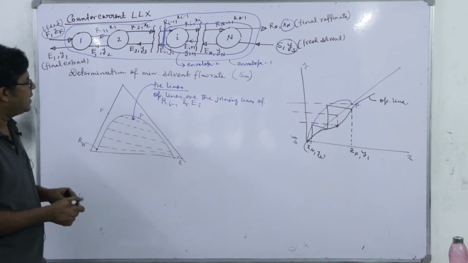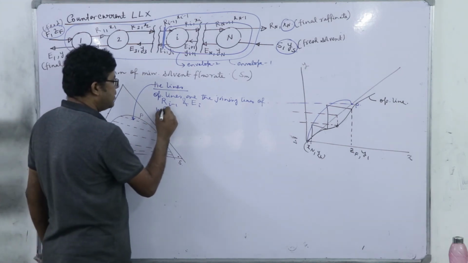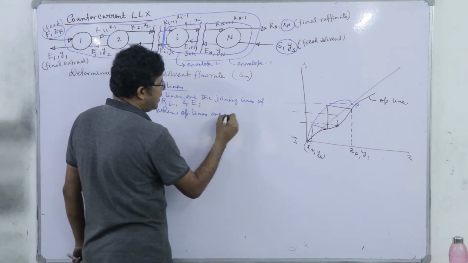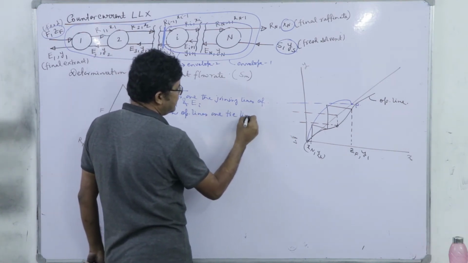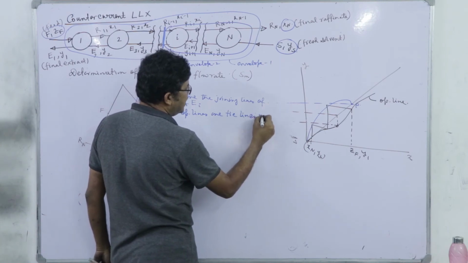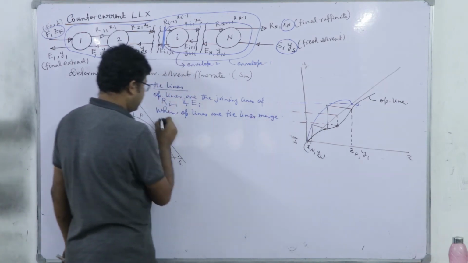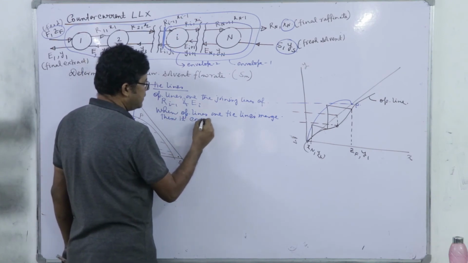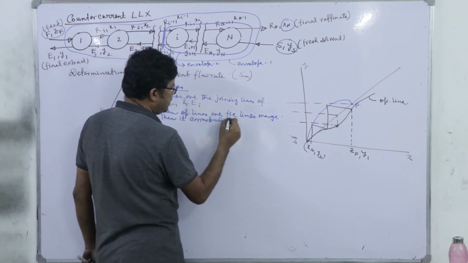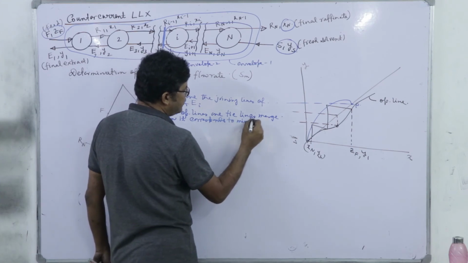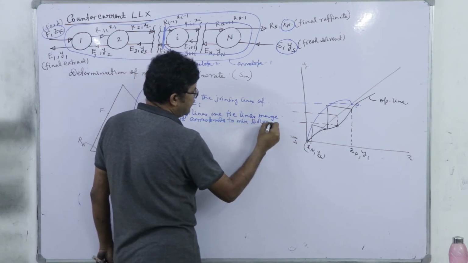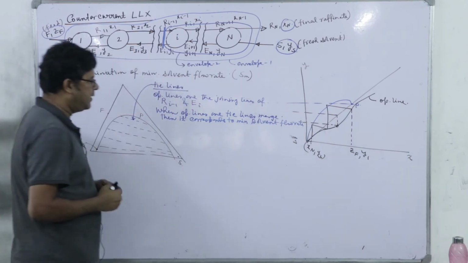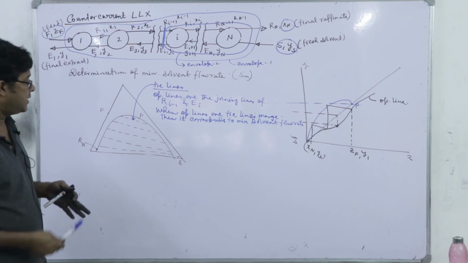Now, when operating lines and tie lines merge, then it corresponds to the minimum solvent flow rate, which is alternatively equal to the infinite tower height.